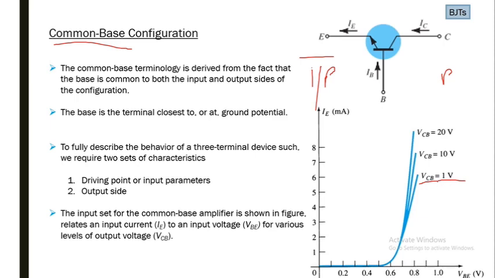That is, for VCB equal to 1 volt, we have this characteristic curve, we call it input characteristic curve, and for VCB equal to 10 volt, we have a rather sharp rise at knee voltage, and for VCB equal to 20 volt, we have a sharper curve as compared to these two other curves.